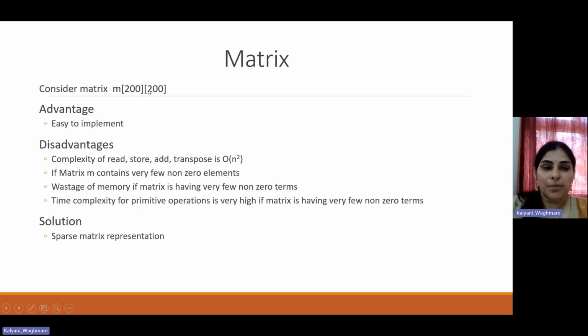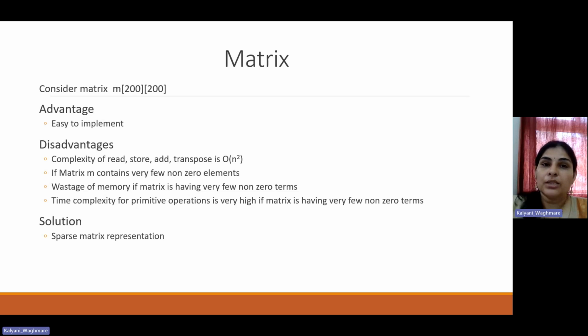Also, many times it happens that in the matrix most of the elements store zero values. That zero indicates either a null value or that the information is not required, and still we have to allocate memory for that, as we are allocating memory statically. We can consider the example of a recommendation system. Suppose I have 100 users and 200 movies available.